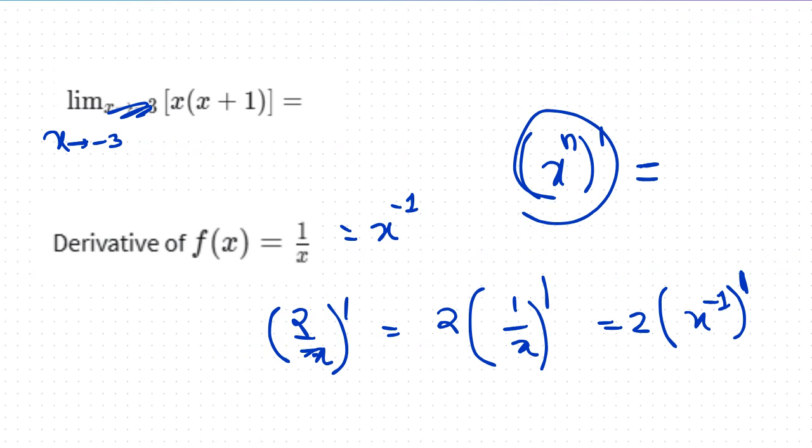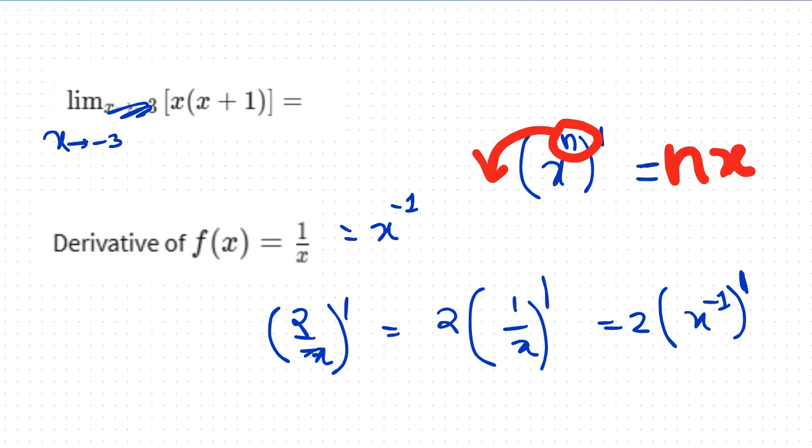Derivative means how? This comes like this: n x power n minus 1.